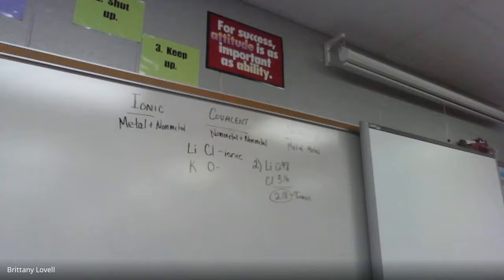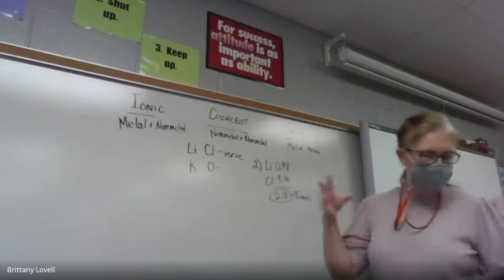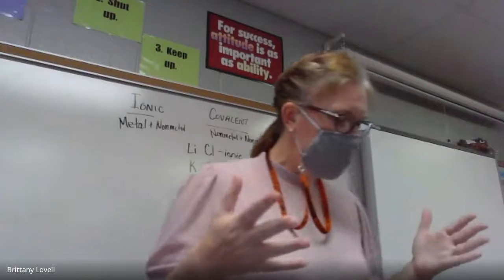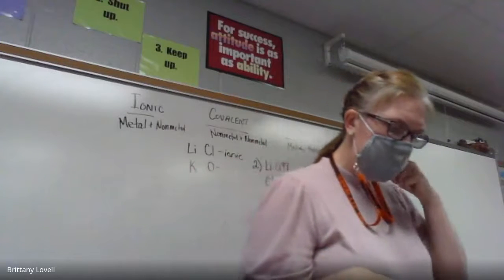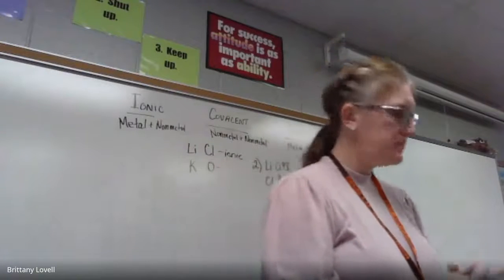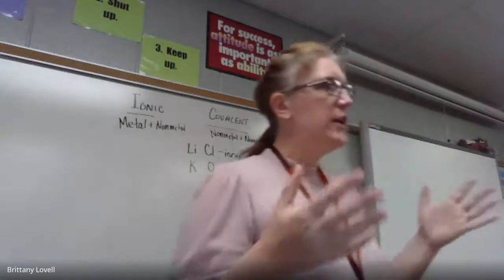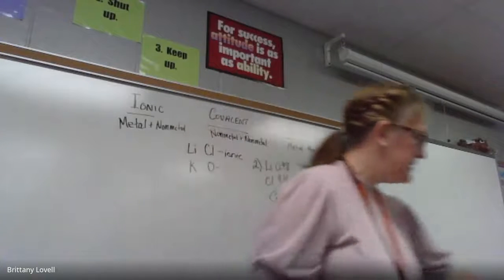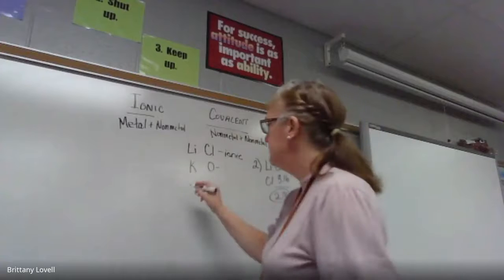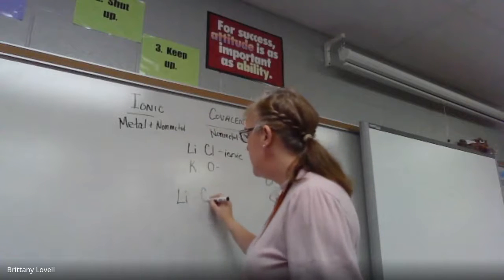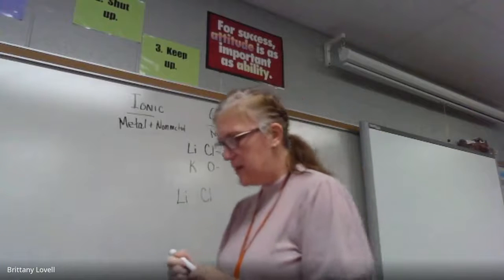Okay, they're coming right along. Keep working. We're trying to get a little sampling of all of them. So we're looking at number 3 now. Number 3 says, for A through F, draw Lewis dot diagrams for each atom. Letter A says we've got Li and Cl again, and we want to come up with Lewis dot diagrams for each one.